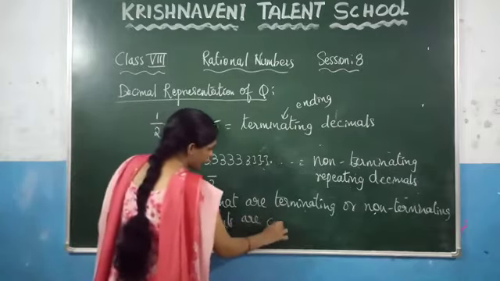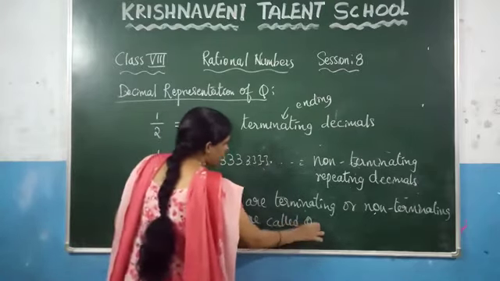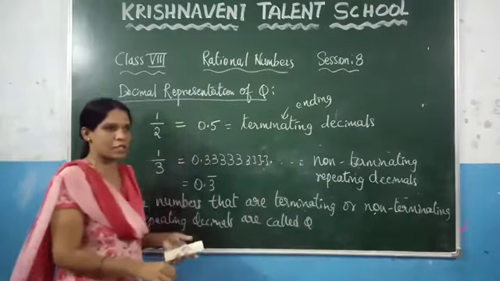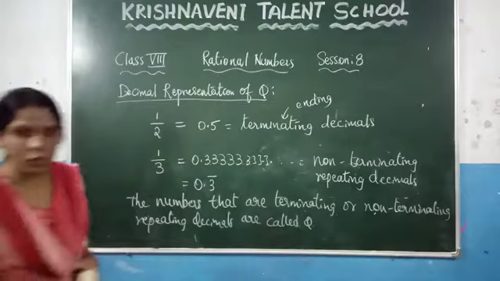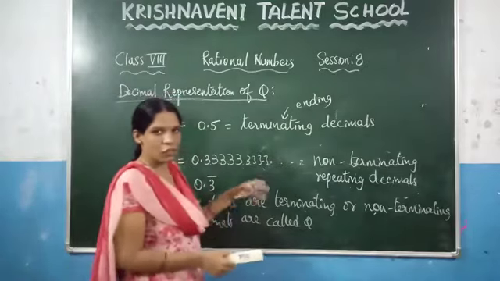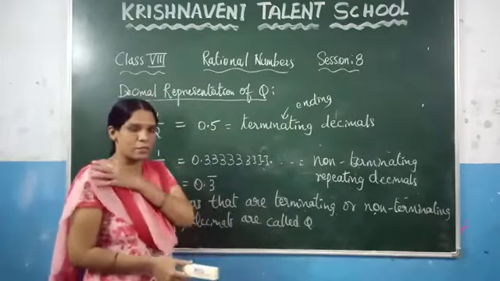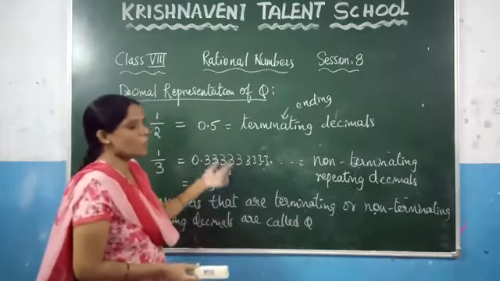They are called rational numbers. Before we discuss this, rational numbers are nothing but, if you take any two integers and write them in the form of a fraction, we call it a rational number. But now we define them in the form of decimals.